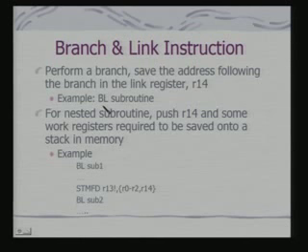Now, I have only one link register, and there may be nested subroutine calls. What is to be done under that condition? For nested subroutines, you will be pushing R14, that is the link register, and some work registers onto the stack, and the stack will be set up in memory. Here I am just showing you how it is to be done.